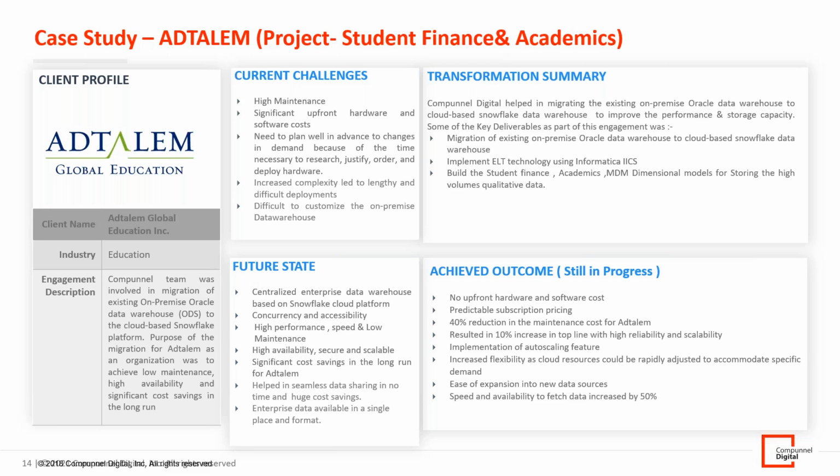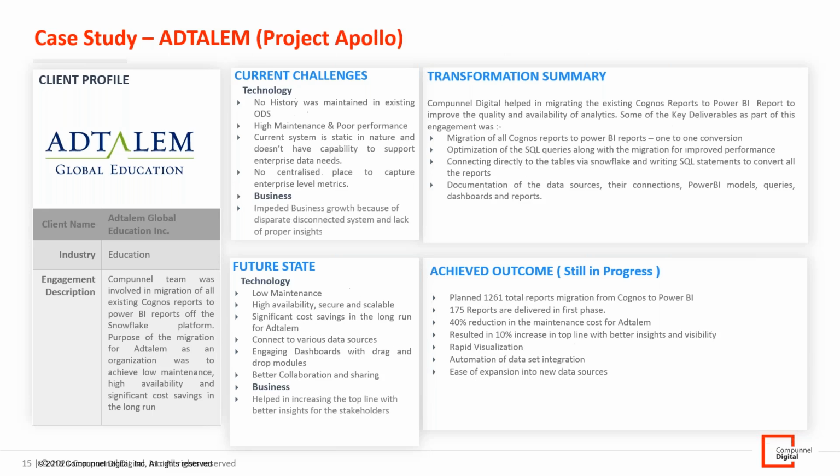The other project we created for this customer is Project Apollo, which is the reporting system. Before the Snowflake Cloud Data Warehouse was initiated, they were using a reporting system called Cognos. More than 1800 reports were created.